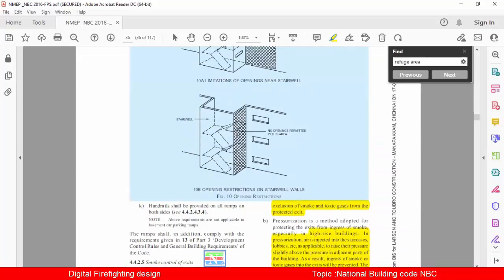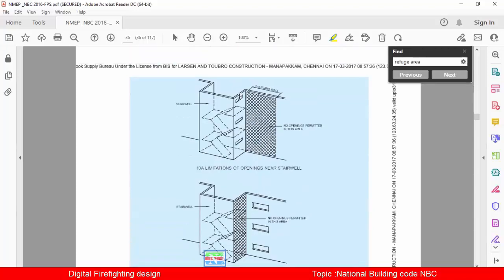Pressurization. We have natural pressurization, so this is again related to HVAC, which is not related to fire. I'm telling just briefly, we have three things. One is natural ventilation, second is cross ventilation, third is pressurization.